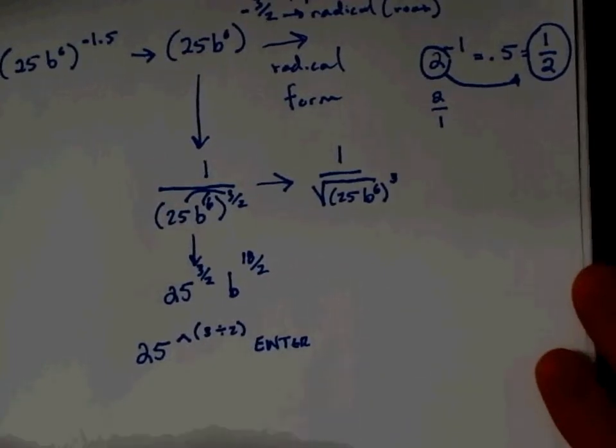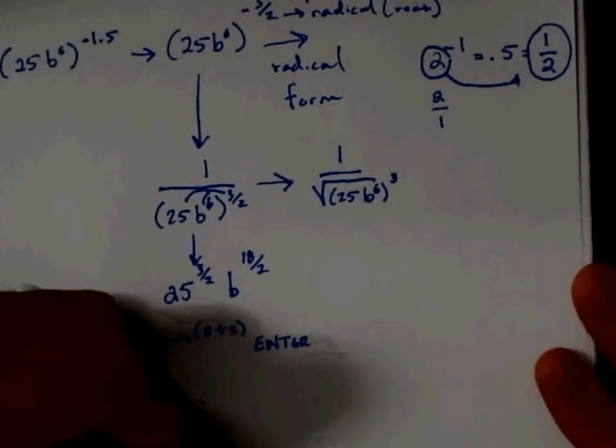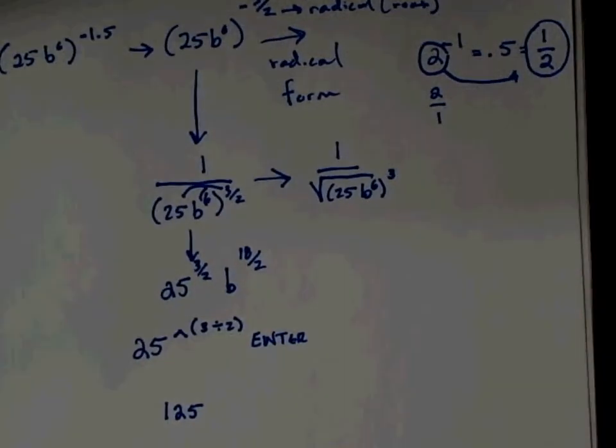What'd you get? 125. All right, and so we have 125. Now, is that always going to come out perfect? We could come out to decimals, which means there's no perfect squares or perfect cubes that lie inside of there. There's some issues, okay? So, any questions on that so far?